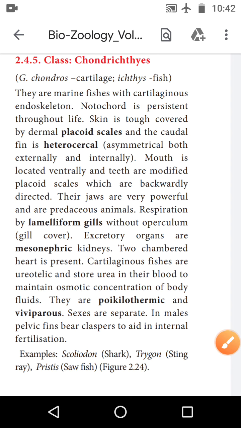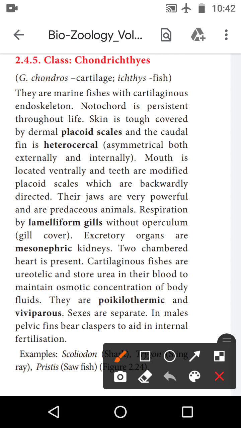For example, the bony fish also. They store urea in the blood to maintain the osmotic concentration of the body fluid.